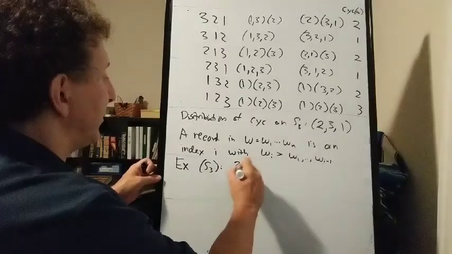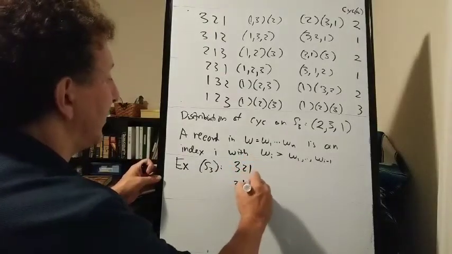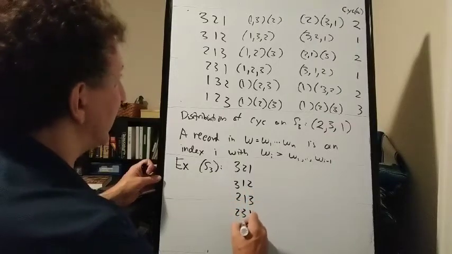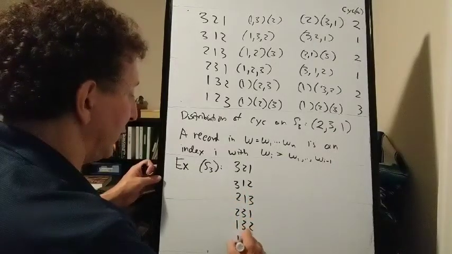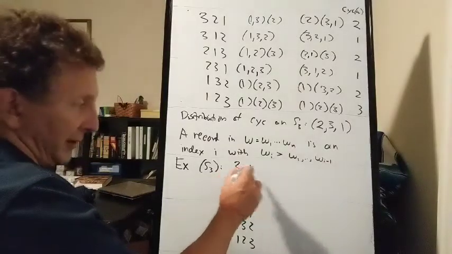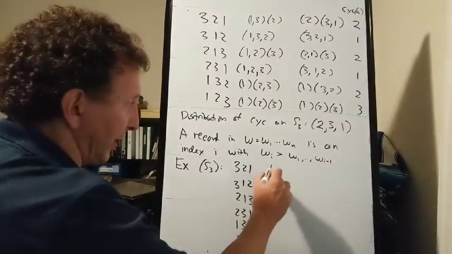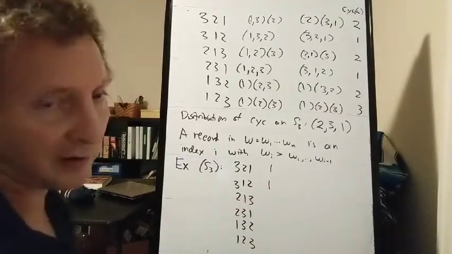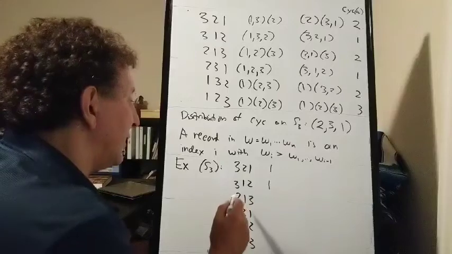So we've got 3, 2, 1, 3, 1, 2, 2, 1, 3, 2, 3, 1, 1, 3, 2, 1, 2, 3. 3 is the biggest thing we've seen so far, and it's the biggest letter altogether, so there's 1 record there. I guess if the permutation starts with the largest letter, there's going to be 1 record.